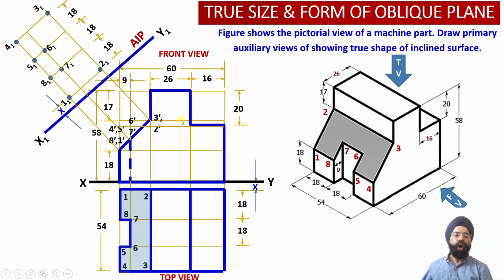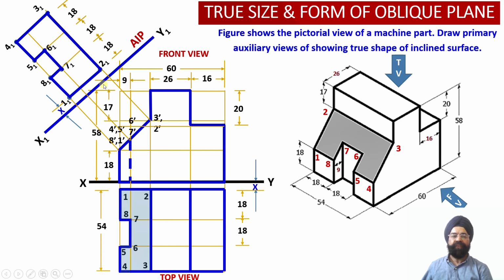So this way, all these 8 points which have been marked over here in the top view or the isometric projection have been appropriately located in the auxiliary plan view. Once we join all these points, the edges corresponding to the true shape of this sectioned inclined surface will be obtained in the auxiliary plan projection.